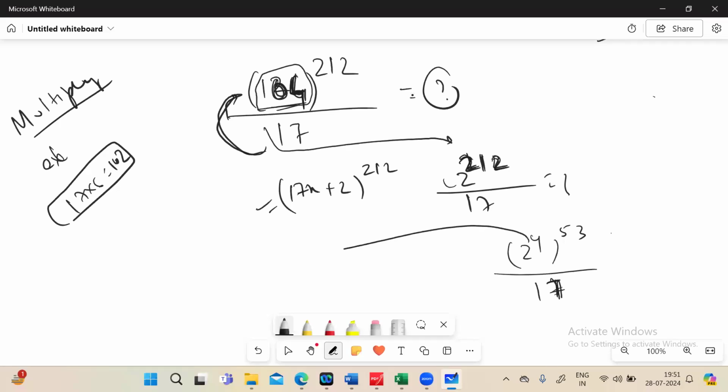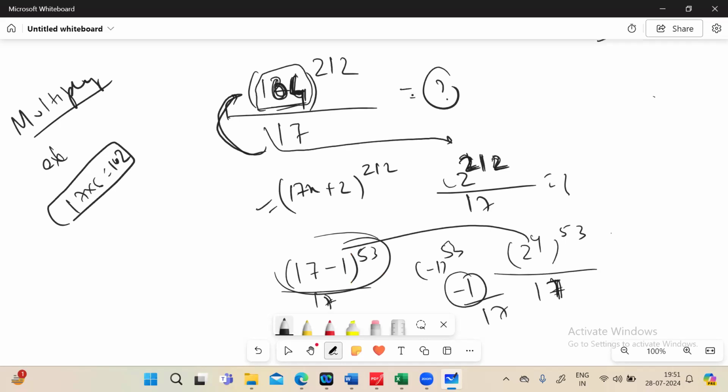And then we can again write this 2 to the power 4 as (17 minus 1) to the power 53 divided by 17. And I know this will give you minus 1 to the power 53, which is minus 1, divided by 17. And finally, the remainder you got is 16. So this is how we solve all the power-based questions.